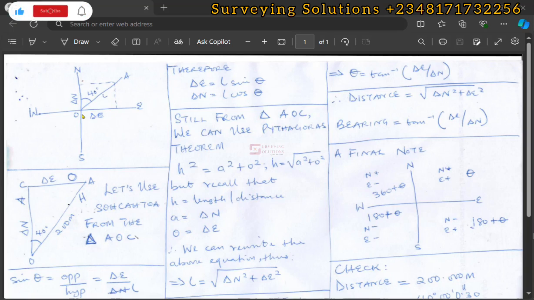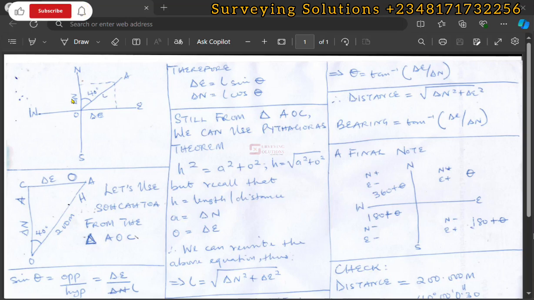Good. Similarly, for your northings line, your first northing is here, which is the origin, and when you move along this line, you get to another northing, right? So if you find the difference between your second northing and your first northing, you are going to have your delta northing. Are we together? Good.